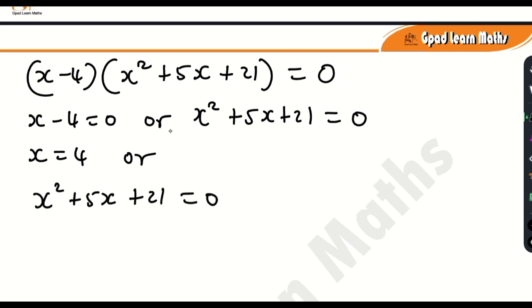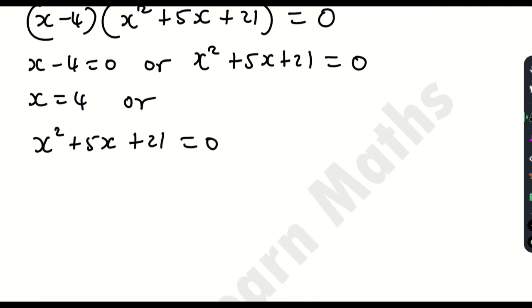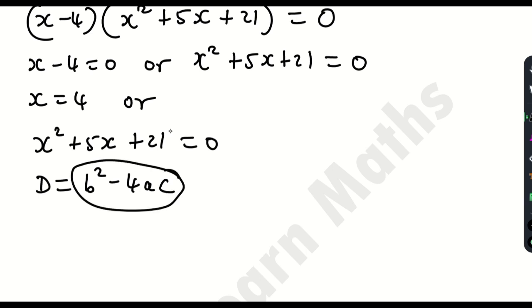For me to test if this equation has real root or imaginary root, I'm going to use the discriminant d is equal to b squared minus 4ac. If what I have here is greater than 0, then the roots are real. Or if it is less than 0, then it is imaginary.